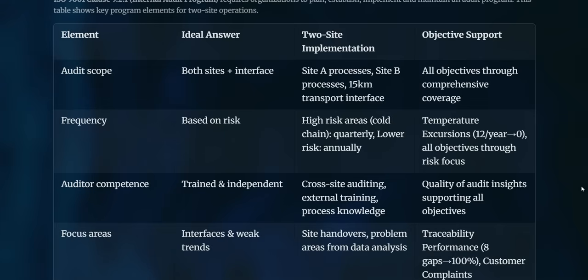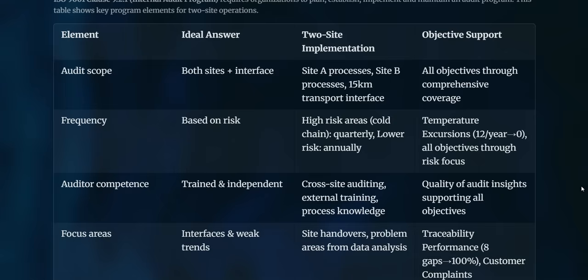The first element is audit scope. Ideal answer: audit scope must cover both sites plus the interface. Two-site implementation: audit scope will cover site A processes, site B processes, and the 15 kilometers transport interface. Objective support with audit scope is all objectives through comprehensive coverage.